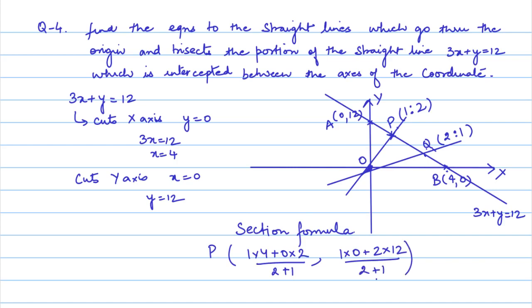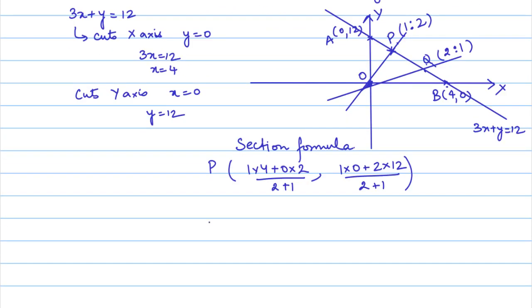This will give you P. Similarly, Q can be found out by using the ratio 2:1. (2 into 4 plus 1 into 0) upon 2 plus 1. Similarly, (2 into 0 plus 1 into 12) upon 2 plus 1.